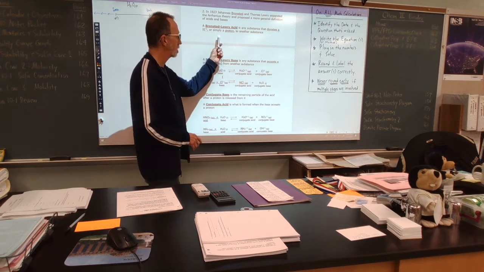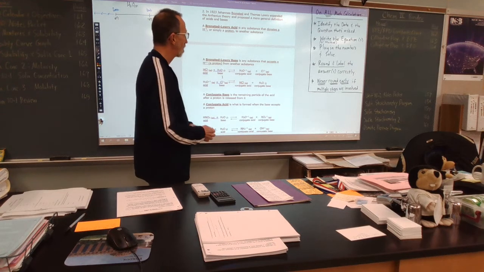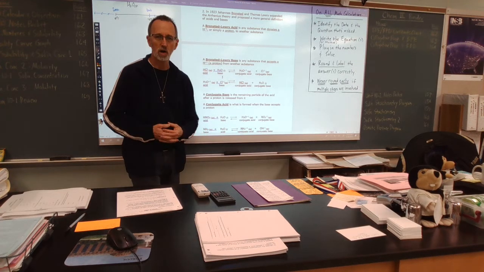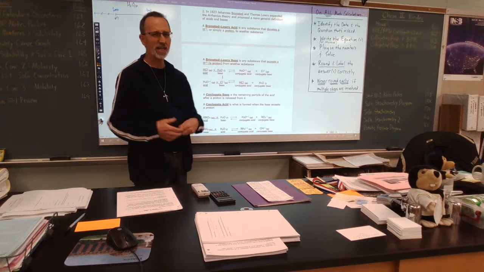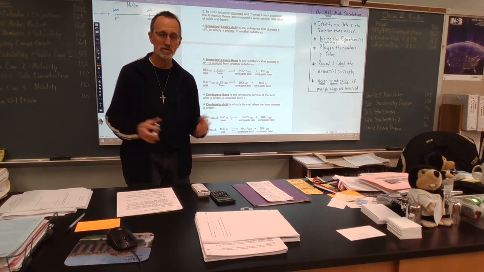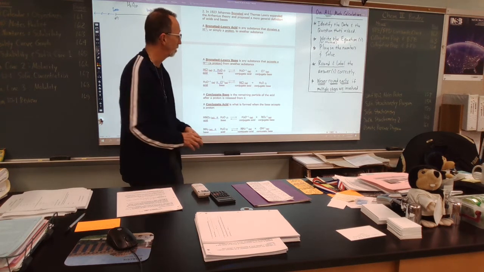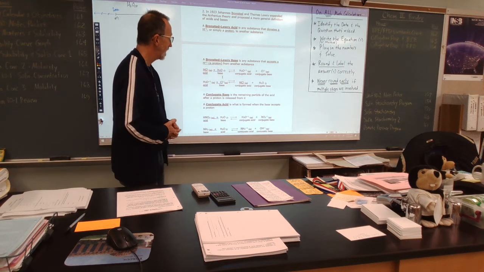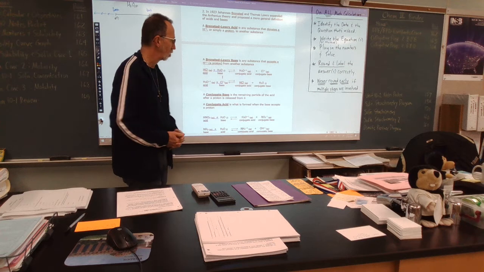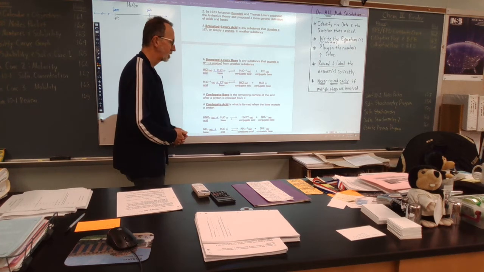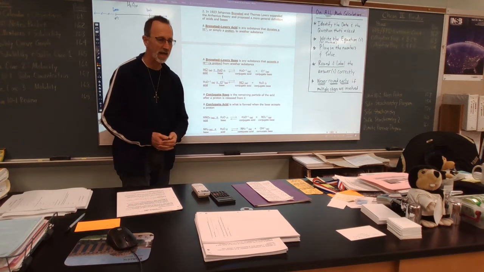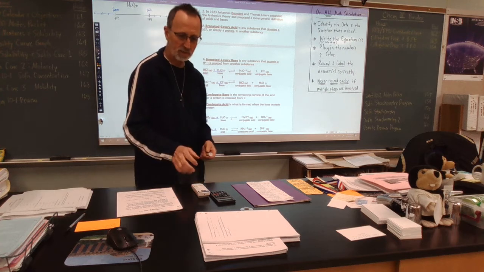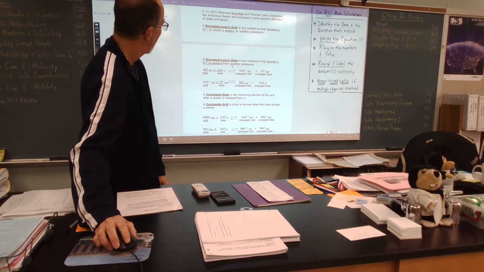So a Bronsted-Lowry acid is often called a proton donor. In actuality, it's a hydrogen ion donor, but a hydrogen ion and a proton, they're the same thing. A Bronsted-Lowry base is any substance that accepts a hydrogen ion or proton from another substance and is thus called a proton acceptor.